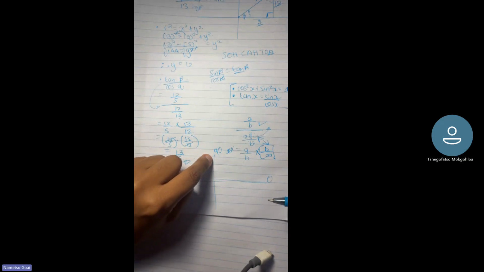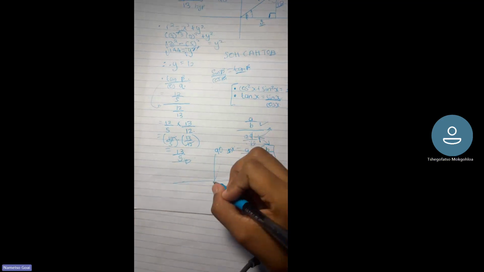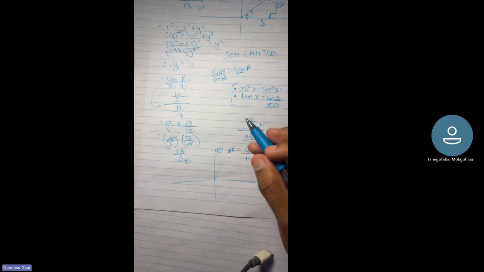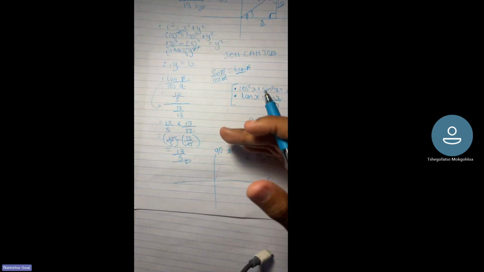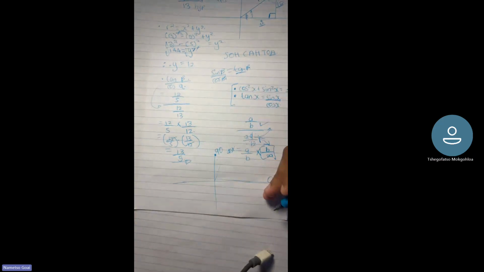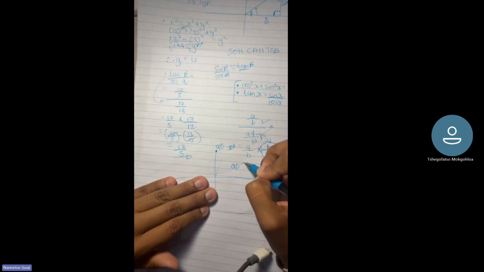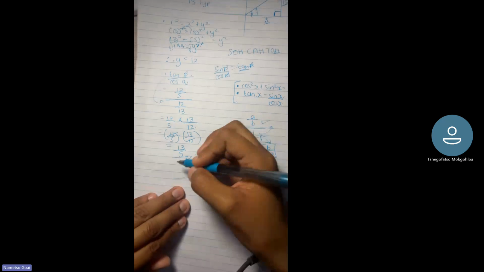Do you agree with that? Yes, ma'am. If you have an 85, it's going to fall here. If you have a 45, it's going to fall here. If you have an 89, it's going to fall here. But notice that they are all less than 90. The 90 is the boundary. So which means here we have what? 90 minus x, right? Yes, ma'am.